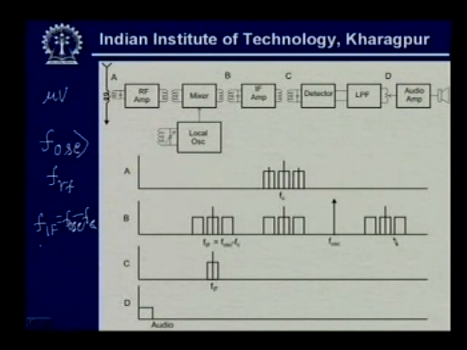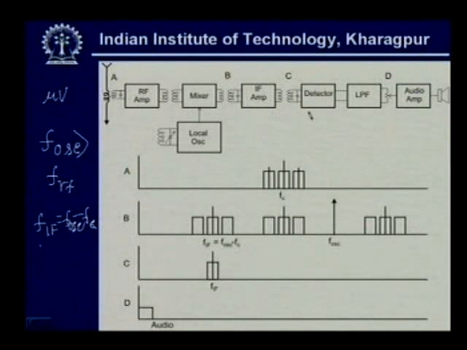Now, you simply filter that intermediate frequency with the help of an intermediate frequency amplifier. The intermediate frequency amplifier not only filters out this frequency component, it also amplifies it. So, it does the filtering and amplification together, and then it is applied to a detector.